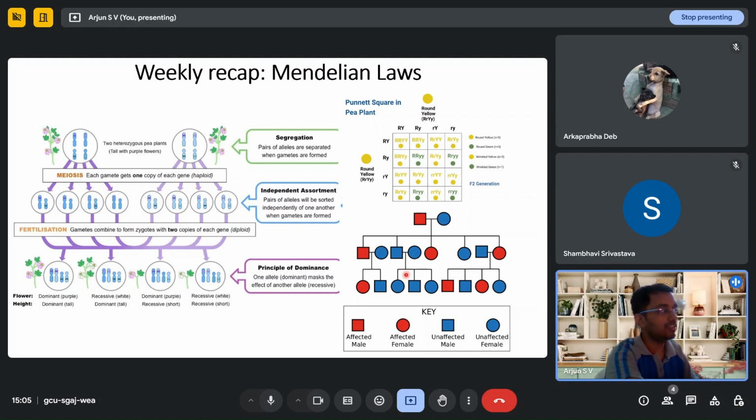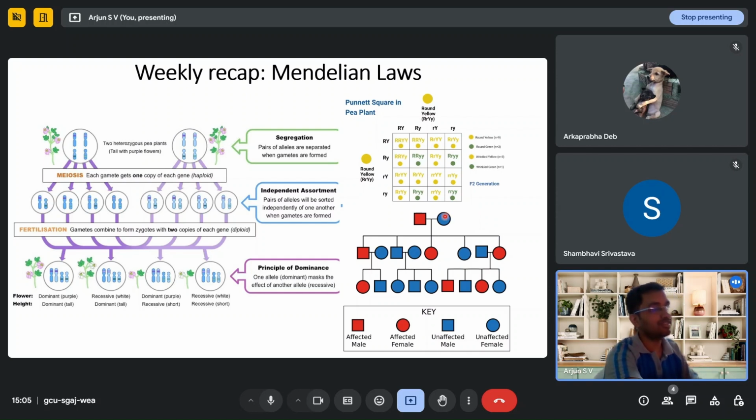And this is an example of how a pedigree analysis looks, where you can find out the probability or chance of someone getting a disease versus someone carrying the disease and not being affected by it, and someone being devoid of any disease or a trait that is homozygously dominant.